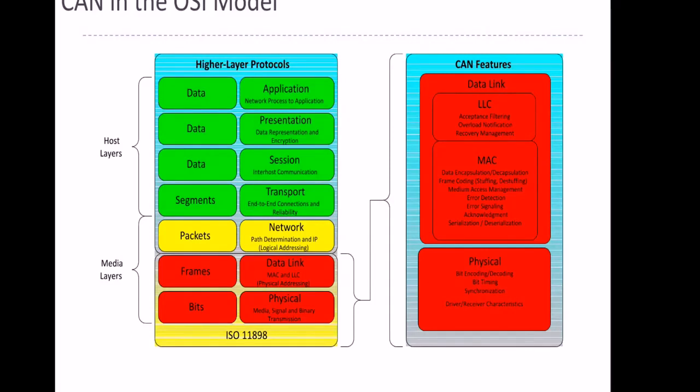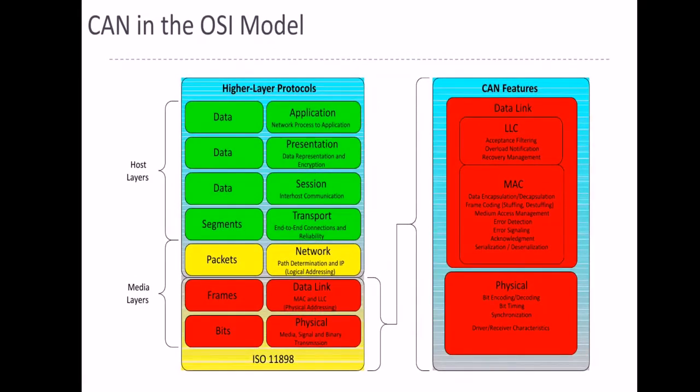If we roughly look at the OSI layers, after these it goes to the network layer. The network has to determine the path along which the data has to be sent, and the path is determined by the IP address. If I am sending you a mail, the mail reaches your IP address and then you can read it.